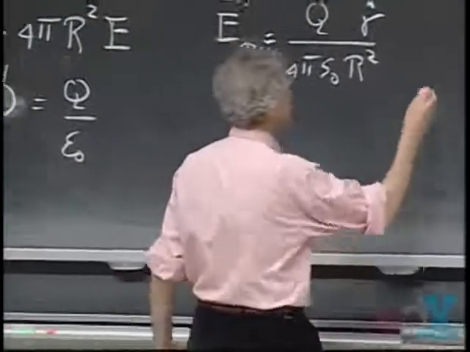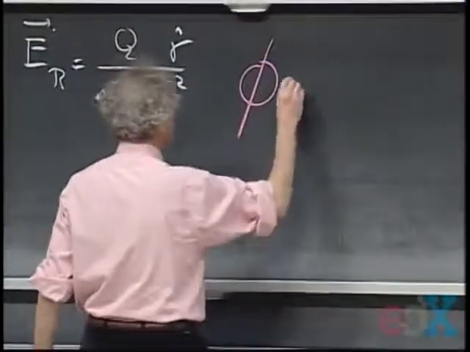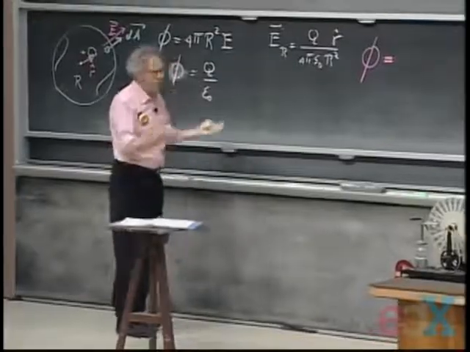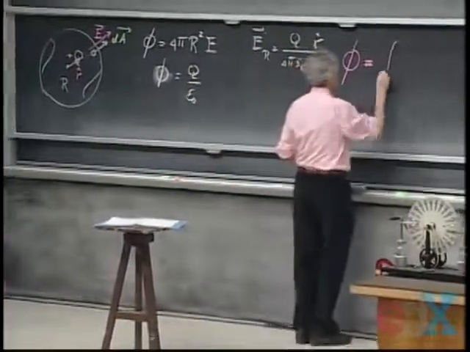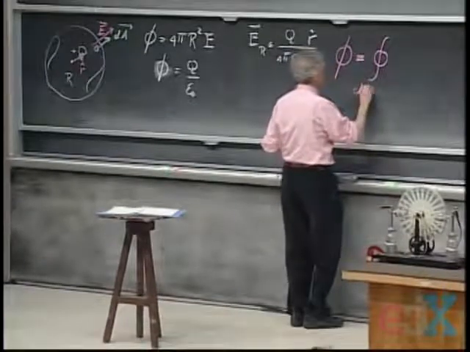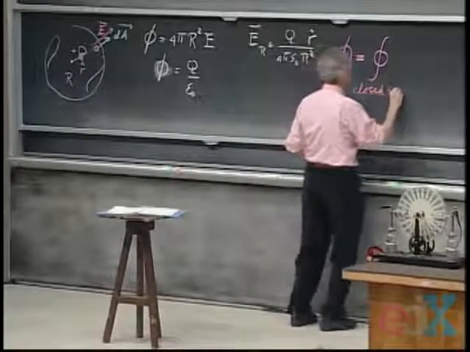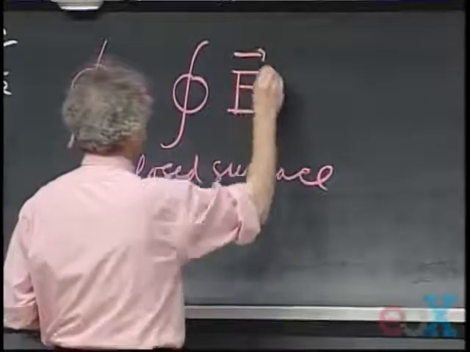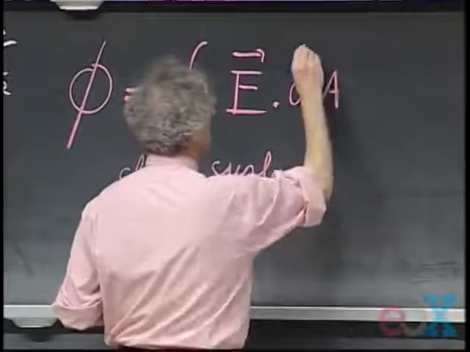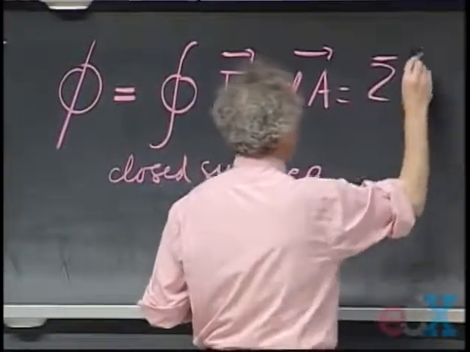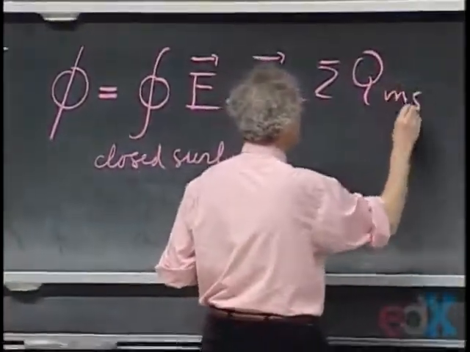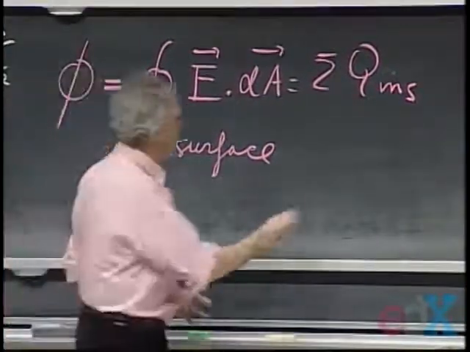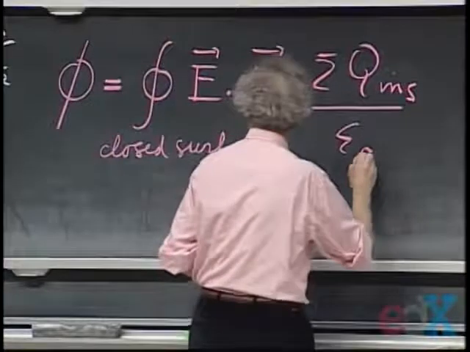And Gauss's law says that the electric flux going through a closed surface, the closed surface integral of E dot dA, is the sum of all charges Q which are inside the bag that you may choose at any time you pick that bag, divided by epsilon 0.